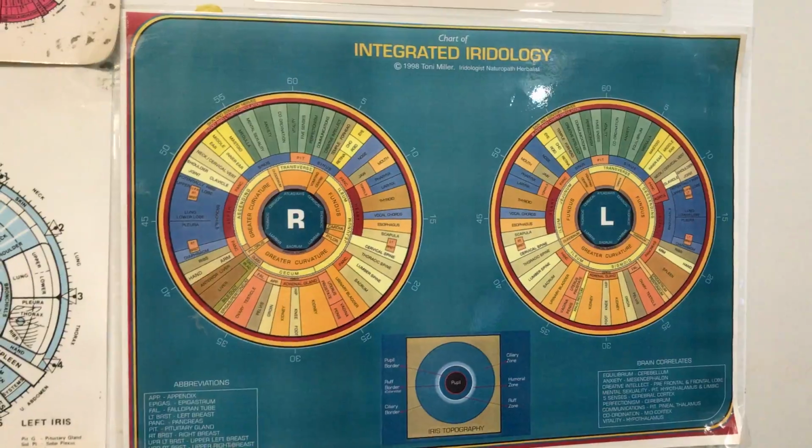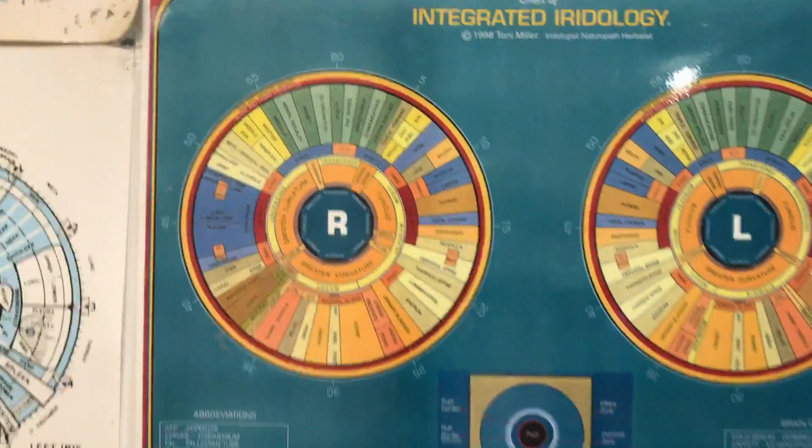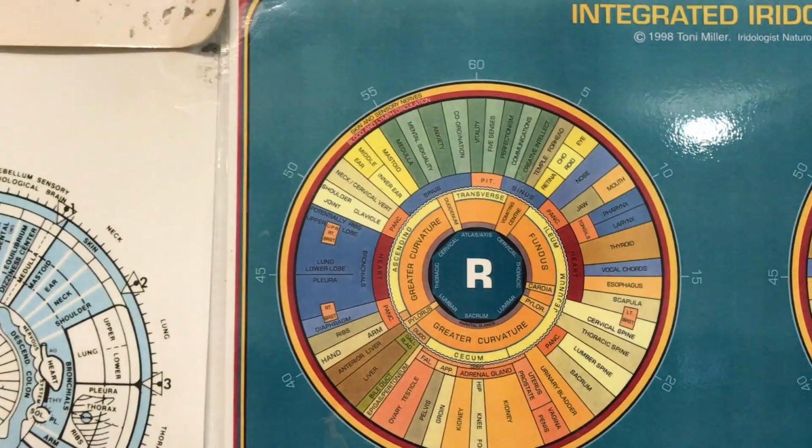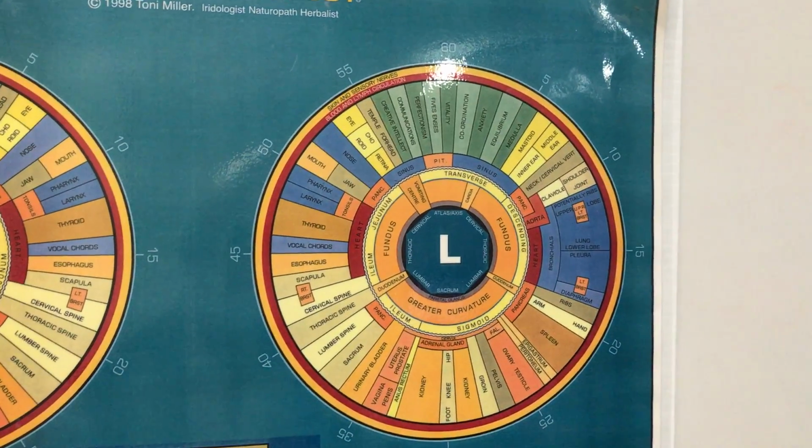Coming back to the charts, the right iris pertains to the right side of the body, and the left iris pertains to the left side of the body.